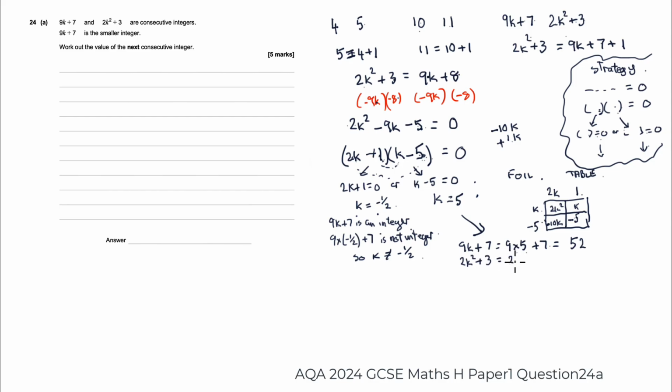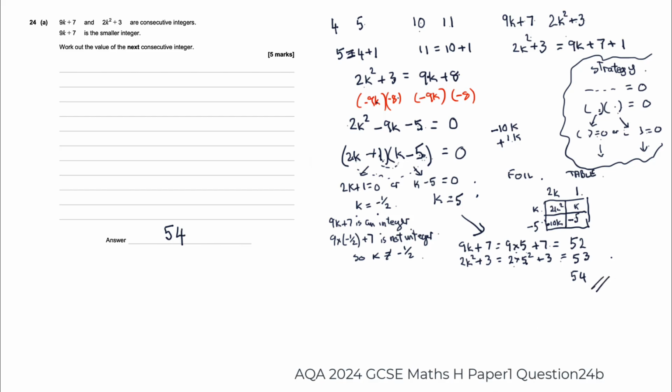That gives us 2 times 5 squared plus 3, 2 lots of 25. That's 50 plus 3, 53. And we do get 2 consecutive integers. The next one would be 54. So the answer here is 54. Work out the value of the next consecutive integer, and that's it.